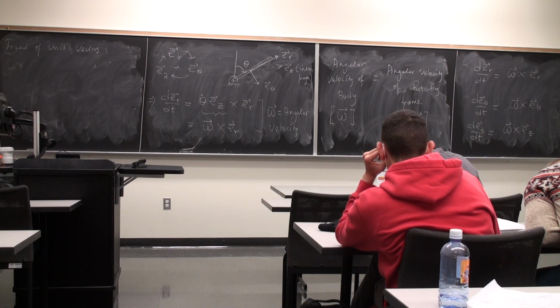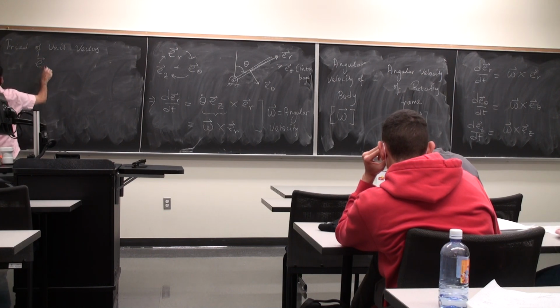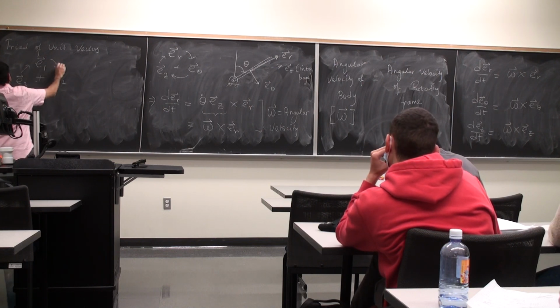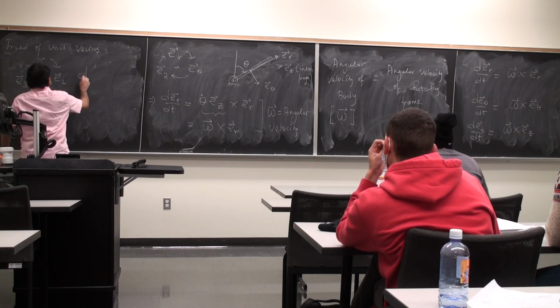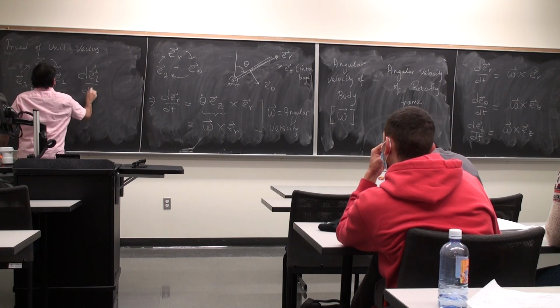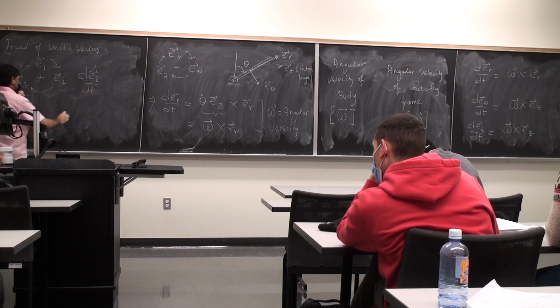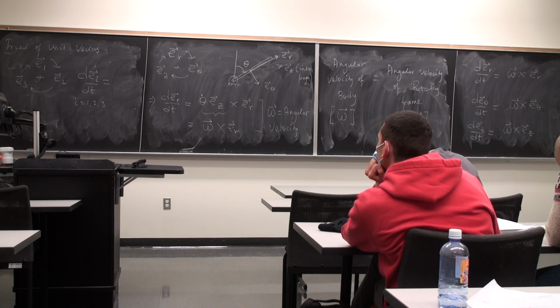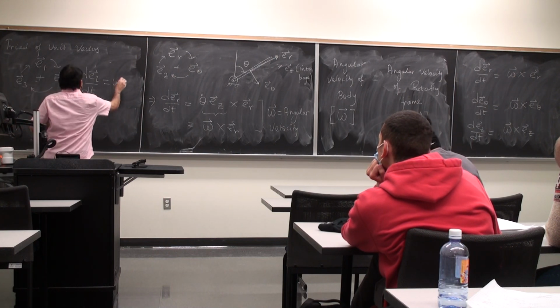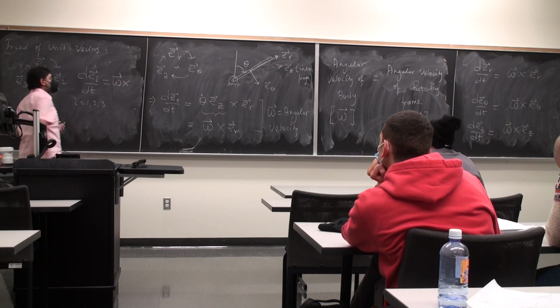If I have a generic triad, let me call it e1, e2, and e3, the rate of change of any unit vector of this triad, where i could be 1, 2, or 3, is nothing but the angular velocity of the triad crossed with the unit vector ei.